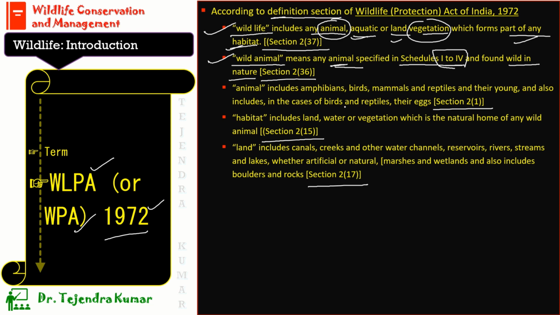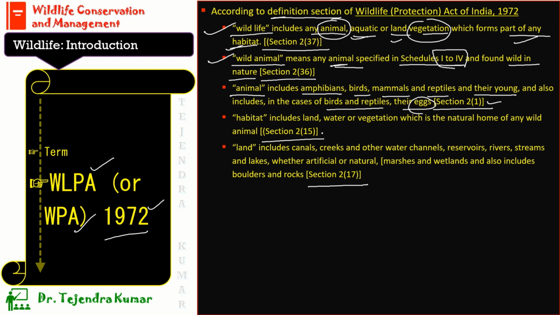Next, section 2, clause 1 is about the animal. What does animal mean when we use the word in wildlife? Animal includes amphibians, birds, mammals, and reptiles, and their young, and in the case of birds and reptiles, their eggs as well.